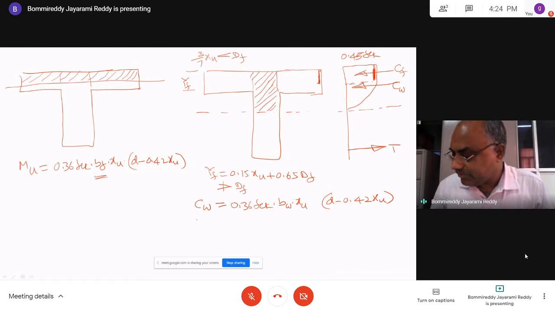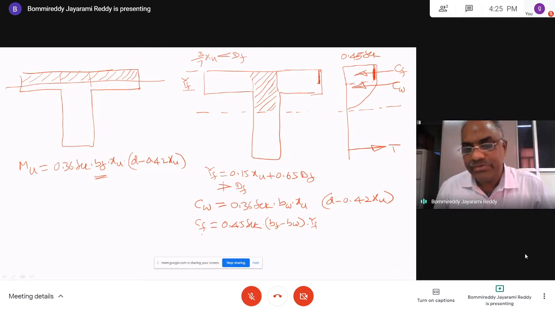Similarly, what is the compressive resistance of the flange? In the flange, what is the stress? 0.45 FCK. What is the area of the flange? The remaining part of the flange is BF minus BW. And what is the height? Height is now YF, so put it as YF.